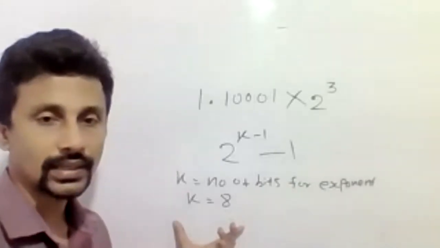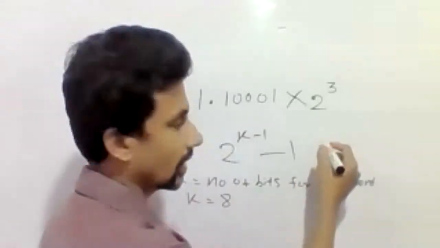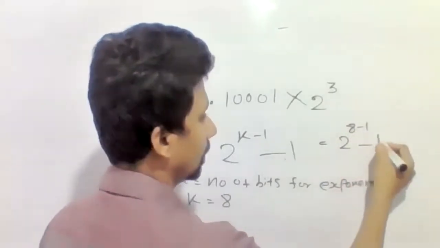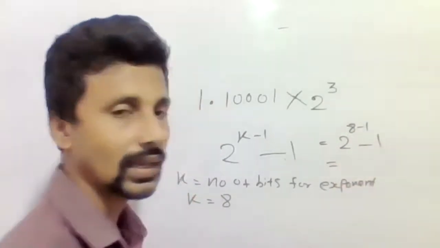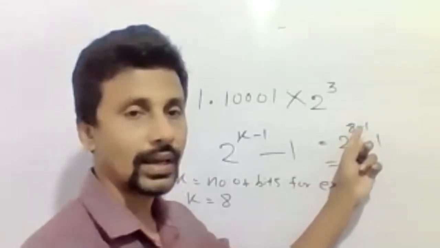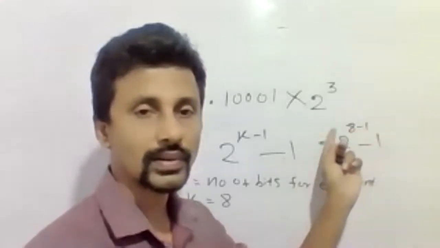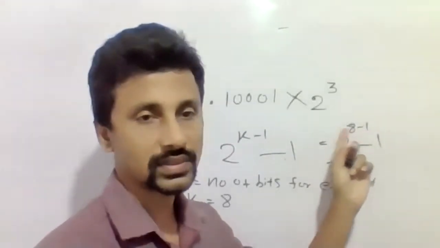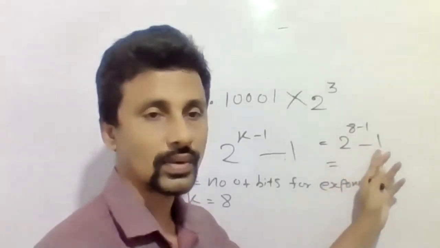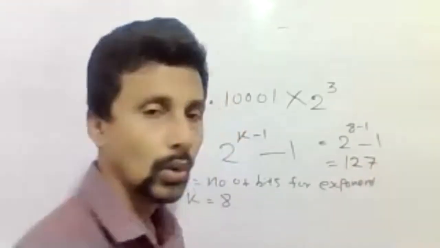So if you put that value here, you can write 2 to the power 8 minus 1, minus 1. 2 to the power 8 minus 1 means 2 to the power 7. 2 to the power 7 is 128. 128 minus 1, you get 127.